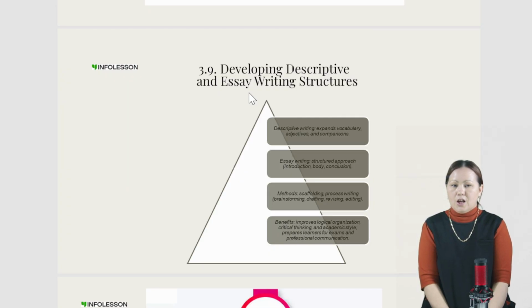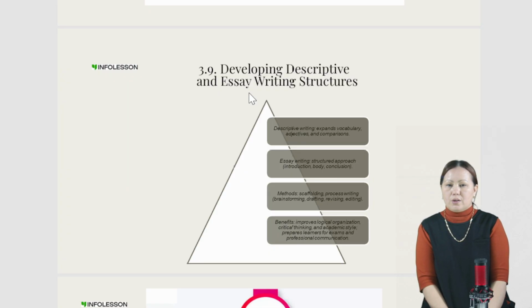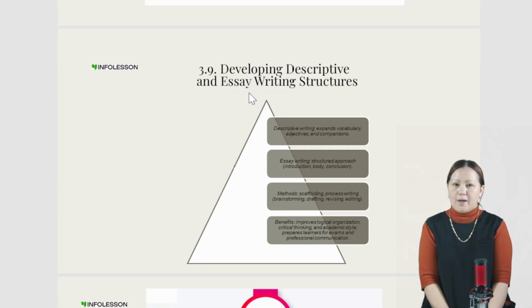Before writing, students are encouraged to organize their thoughts using mind mapping and graphic organizers. These visual tools help learners structure their ideas logically and present them in a coherent way. Another powerful technique is the process writing approach, which develops writing through sequential stages.